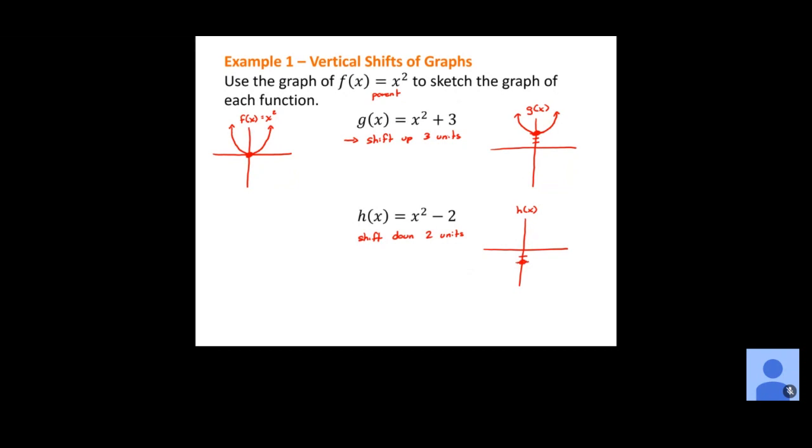Which way is our parabola going to open? Still up, right? So be careful. A lot of people like to flip it at that point or something. We only shifted it down, so everything else about it stays the same. And so this is still going to look just like this now. Any questions about how we got that graph?